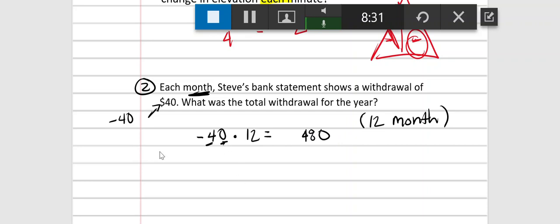Let's look at our signs. If I have a negative 40 times a positive 12, when I create my triangle, a negative 40 times a positive 12 leaves me with a negative outcome. So at the end of the year, Steve withdraws $480 from his account. If you have any questions, ask your teacher.